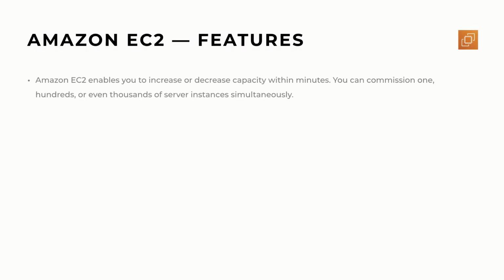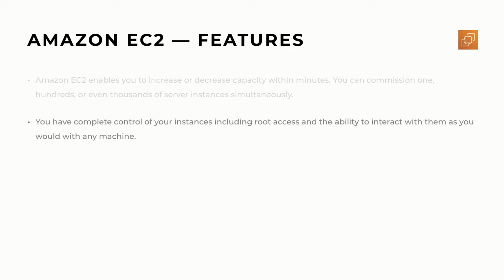Now let's discuss some of the features of the EC2 service. Amazon EC2 enables you to increase or decrease capacity within minutes. You can commission one, hundreds, or even thousands of server instances simultaneously. You have complete control of your instance, including root access and the ability to interact with them as you would with any machine.